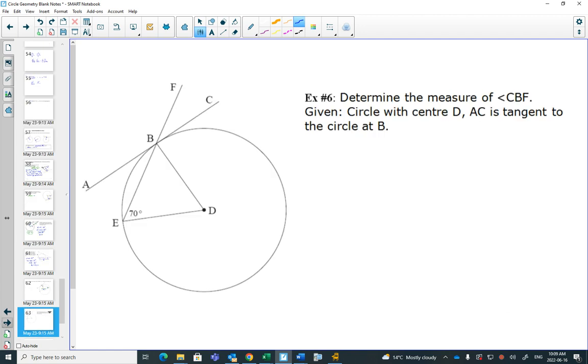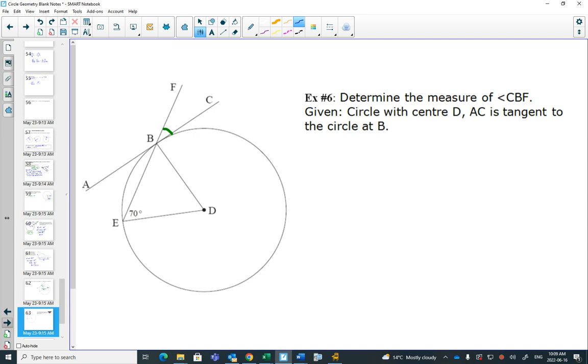Whew. This one looks crazy to begin with, but again, it's not so bad once you break things down. So we want to figure out what this is, CBF, right here. We're told we have a center D. AC is tangent at point B. What can we figure out?